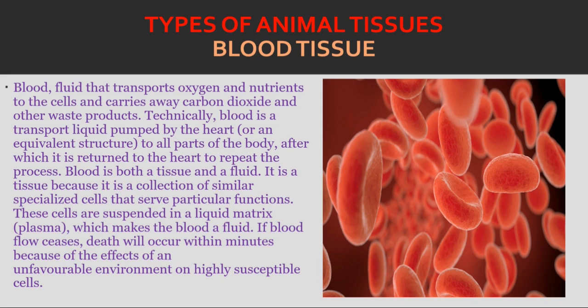But if proper treatment is not taken, and the blood doesn't grow in a particular person's body, then in time death will occur, because blood is the most vital. All the kinds of tissue we have discussed so far are important, but among them blood tissue is the most vital. If its flow ceases, the death of a person is obvious.